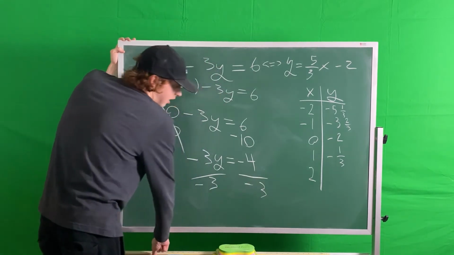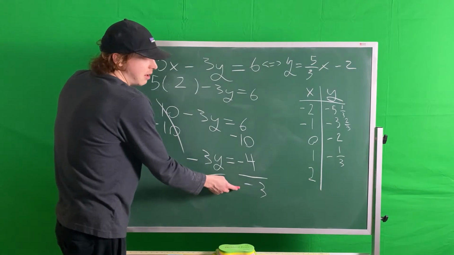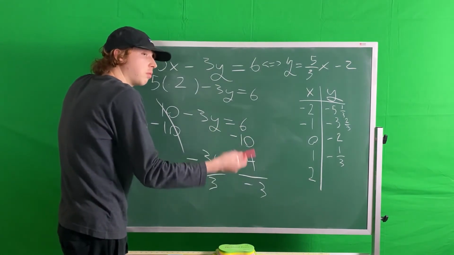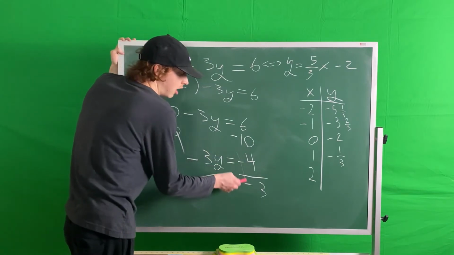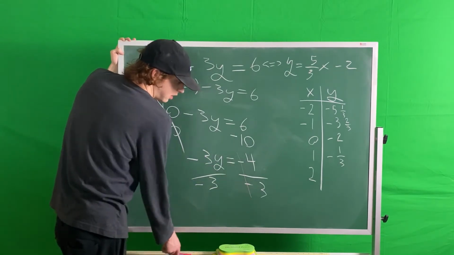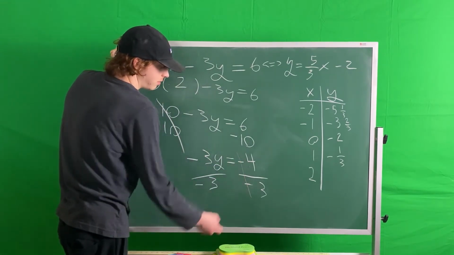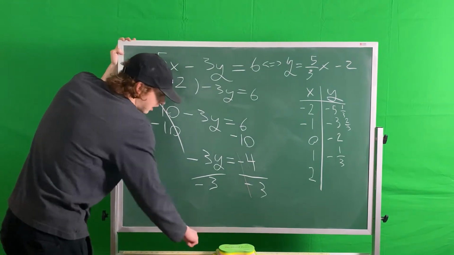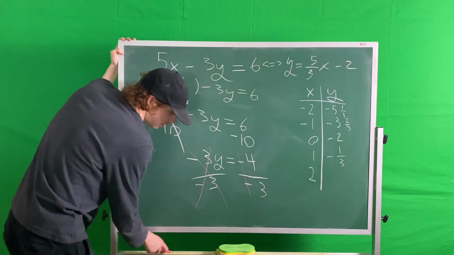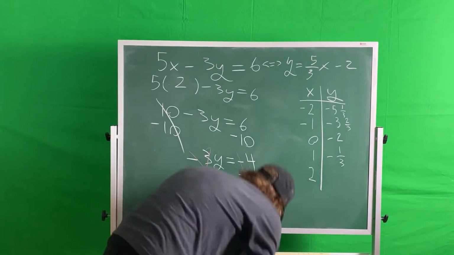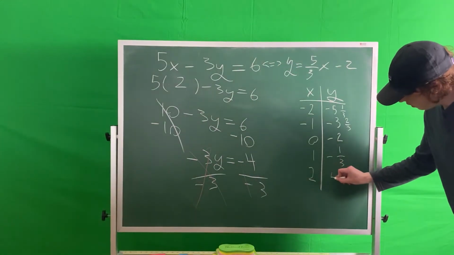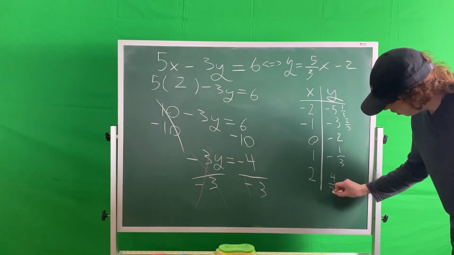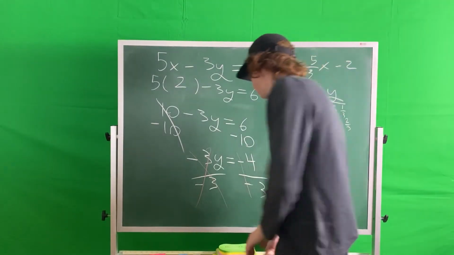Note that a negative divided by a negative would cancel out the negative value, so these become positive. So we have a positive 4/3. And these -3's cancel out. So, positive 4/3. All right.